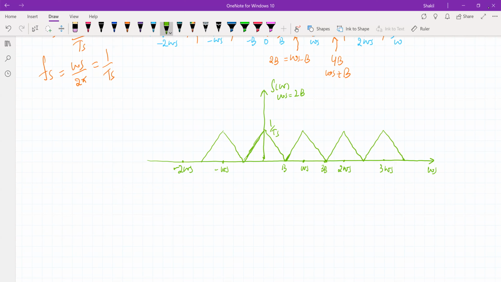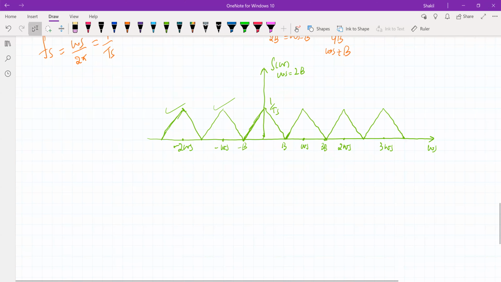Please remember these will touch this time. So this is minus B, and to draw it for this, this will be simply x of omega plus twice omega. This is x of omega plus omega. This is x of omega plus twice omega. All right, so this is when omega s is 2B. So you can see the spectra touch each other now. They touch at B.